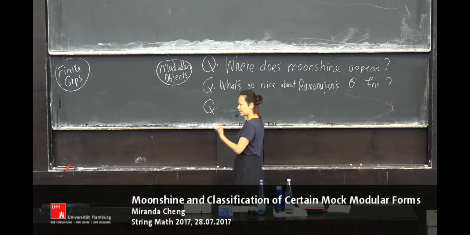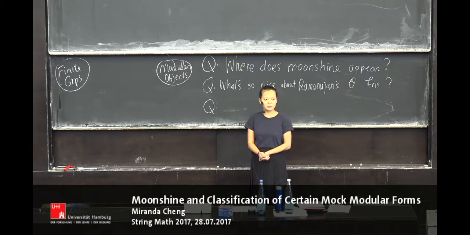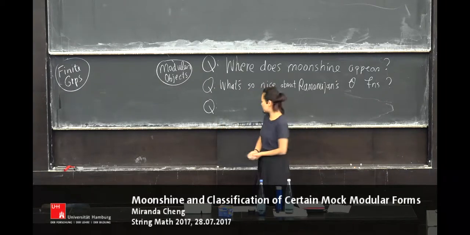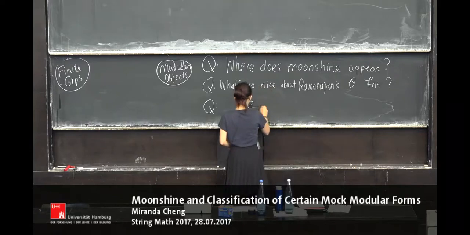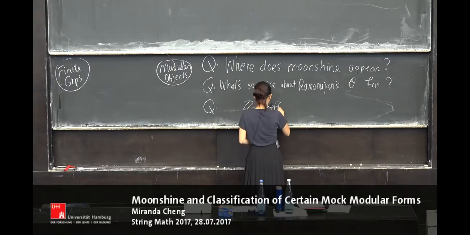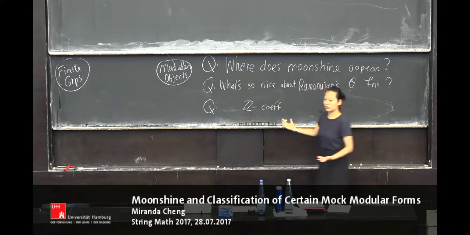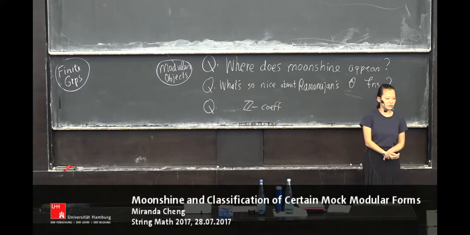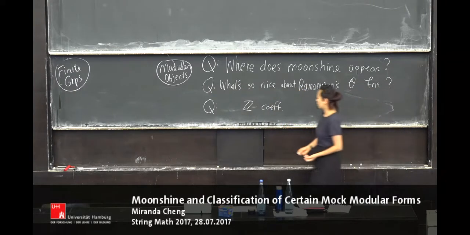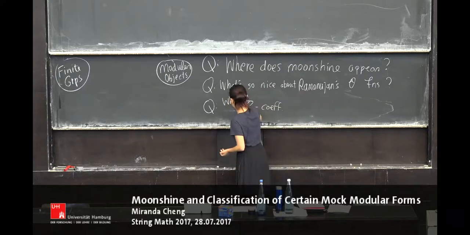But for physics purposes, we want them to have integer coefficients. So what are the generic coefficients of a mock modular form? When do they have integer coefficients?